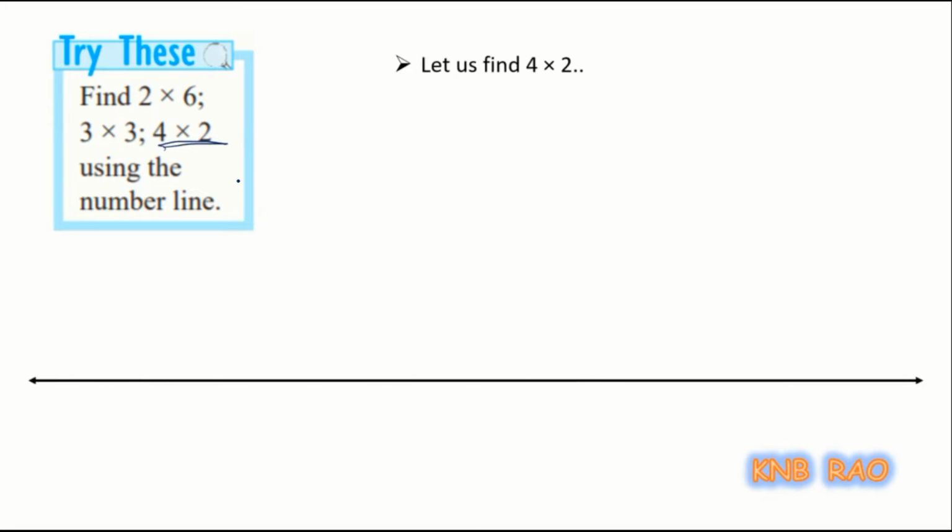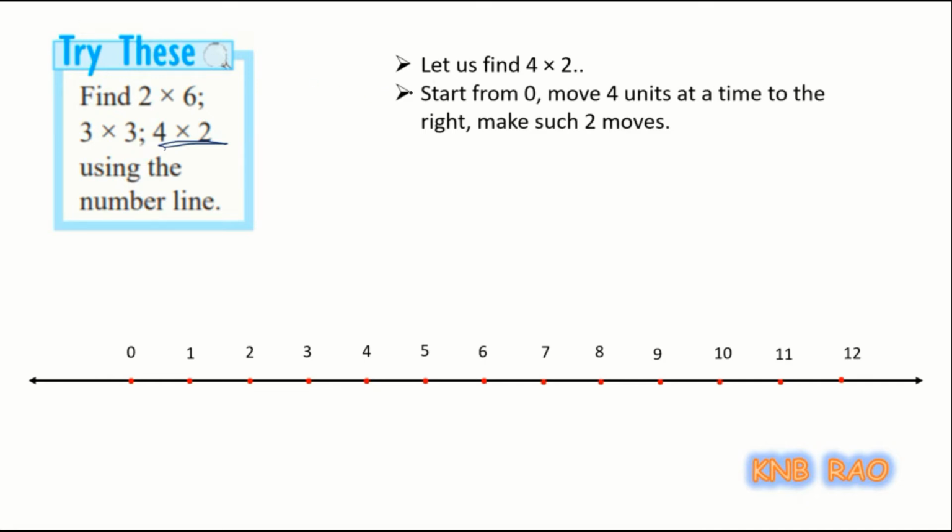Here also you have to draw first line, marking points on it with uniform distance between them and labeling those points as whole numbers. Then very important step, in multiplication we always start from 0. It is fixed thing. We always start from 0.